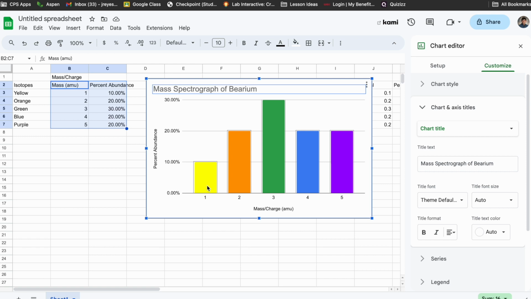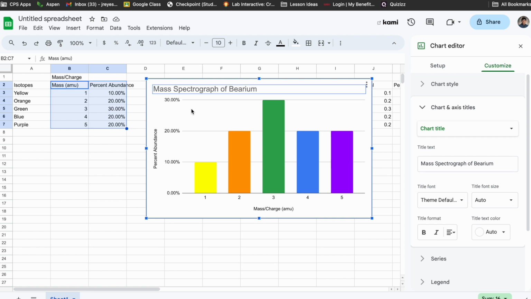But we can also see that they have different masses, so that's what makes them isotopes of each other. And so here we can see that our yellow isotope was the least abundant. The orange, the blue, and the purple isotopes were all equal at 20%, and then the green one was the most abundant.